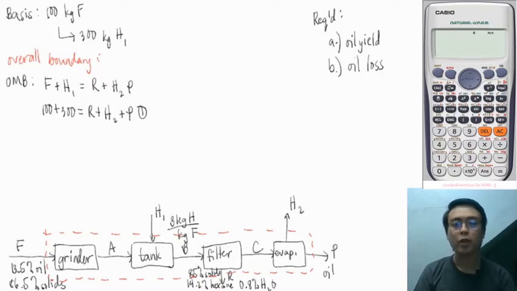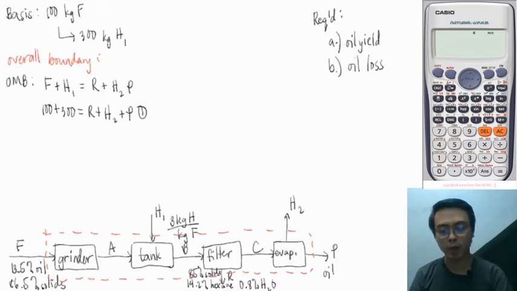Next, again, we want to simplify our process, so we have to find a tie component. If you take a look at the process, your solids is your tie component because solids enters at F and it only exits at R. Okay, so let's perform a solids balance.